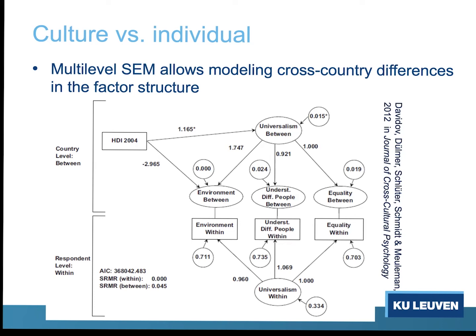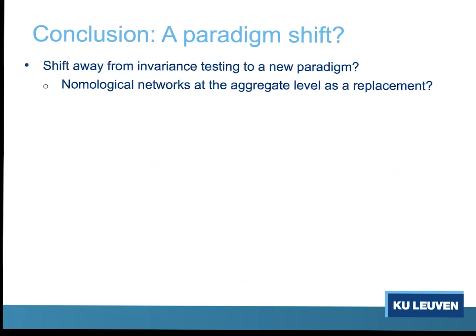Okay, so this illustrates that even if you fail to confirm the hypothesis of measurement invariance, it's not necessarily a bad thing. We can learn a lot about differences in cultures if we understand why items function differently from one group to the next. Okay, let me come to a conclusion.